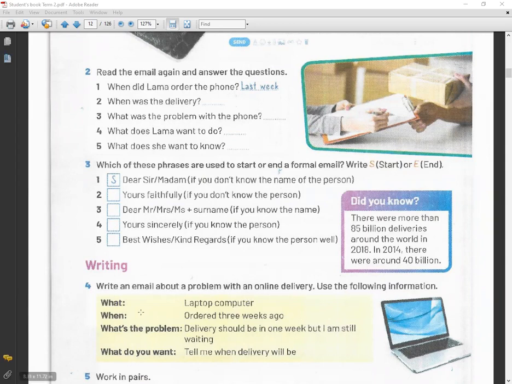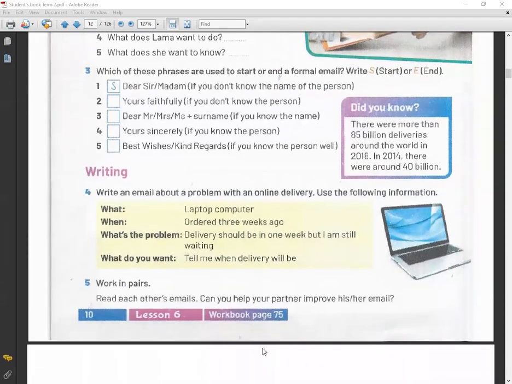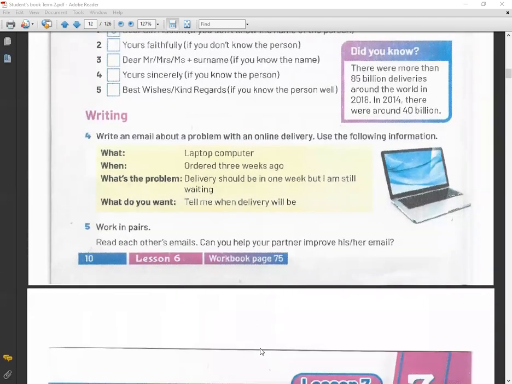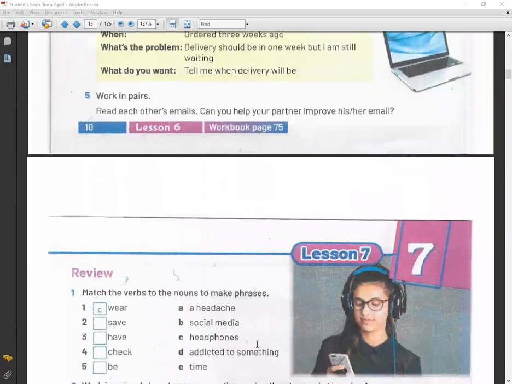Use the following information. You have a laptop computer, ordered 3 weeks ago. What is your problem? Delivery should be in 1 week, but I am still waiting. The last point, what do you want? Tell me when delivery will be. By this exercise, we finish Unit 7.